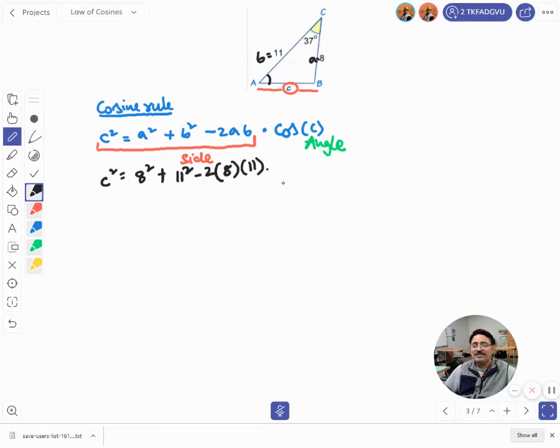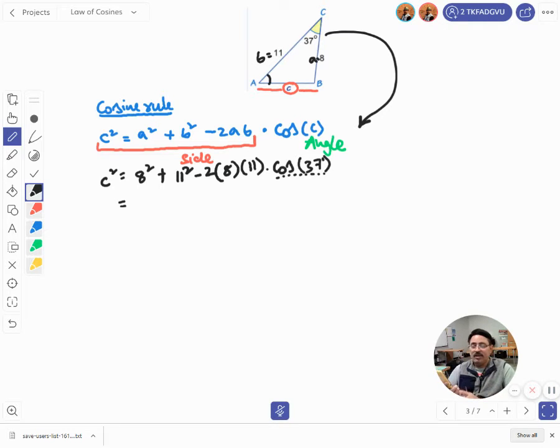Times cos C. What is the value of angle C? I have a TI-84 calculator, already shown, and you can make use of Desmos too. The angle here is 37 degrees, so cos 37. I'm using the TI-84.